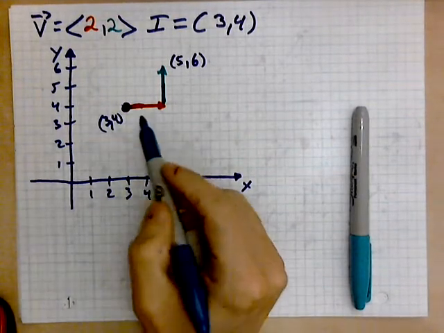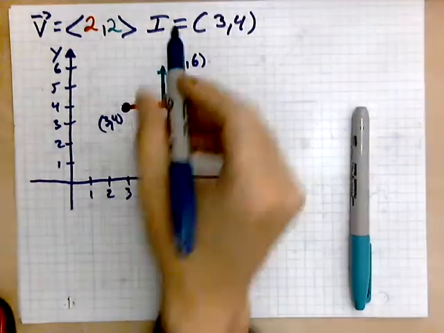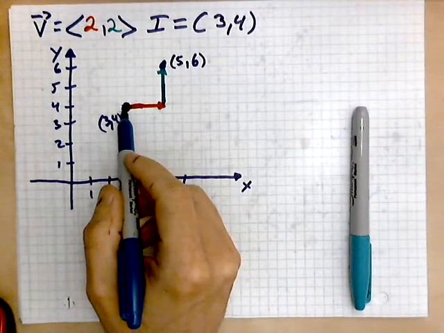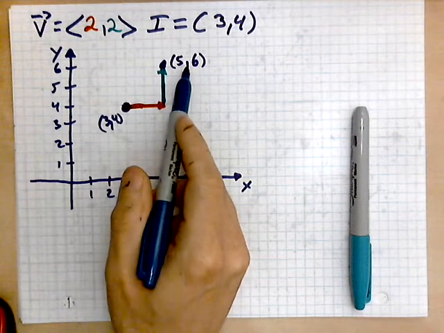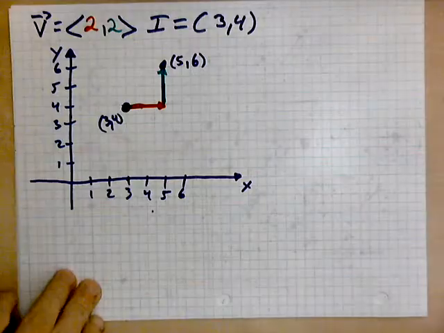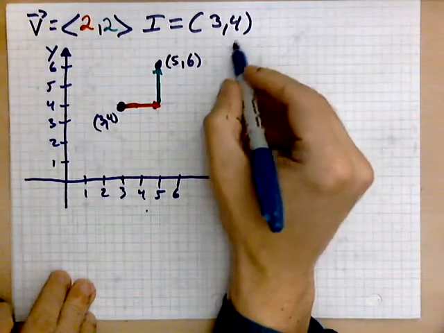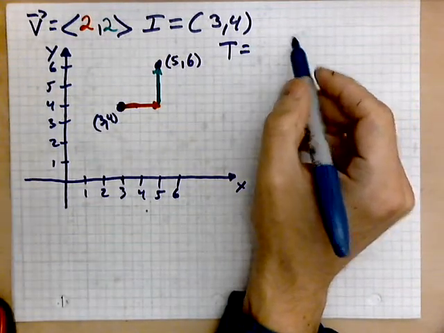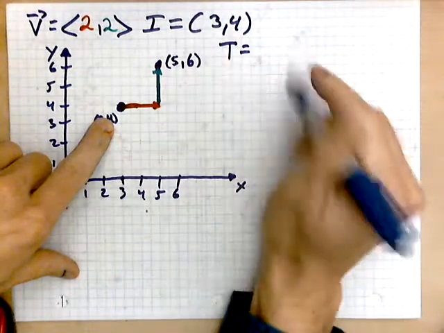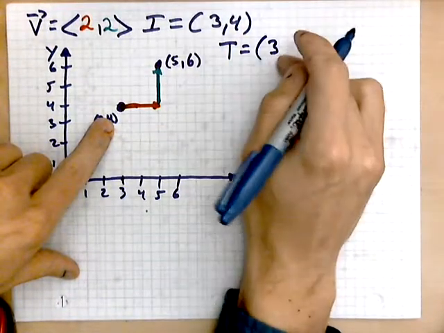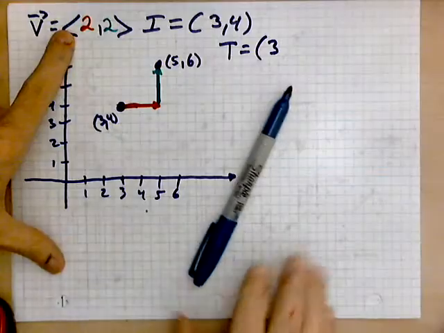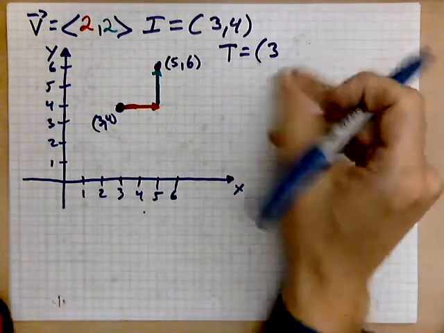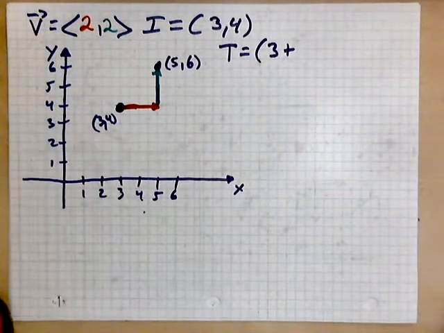So just by following the components of the vector, you can reach the terminal point, you see? You're beginning with 3, 4. You're going 2 to the right, 2 up, and it takes you to the point 5, 6. If you like, the terminal point can also be written simply as: you take the 3 from the initial point and you add to it the 2 from the components of the vector.